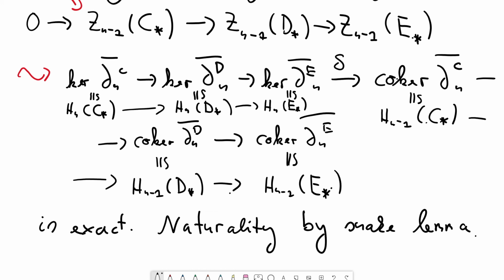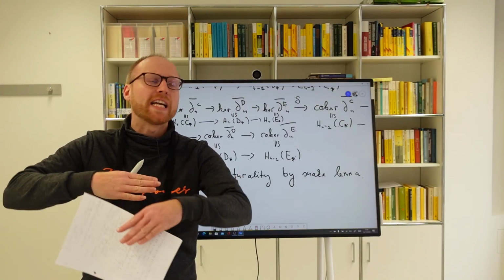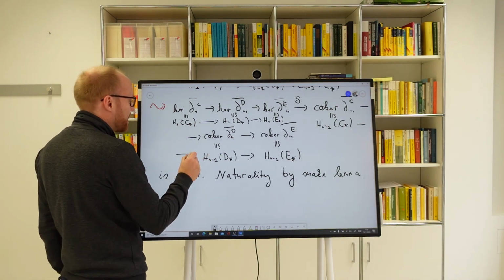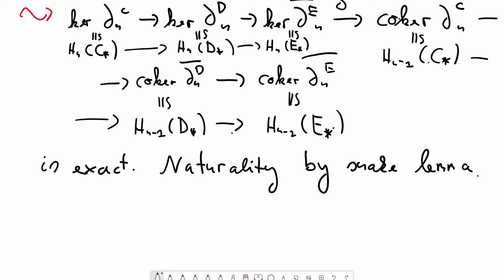So we have the same map at these 2 positions. That's an even better explanation, right? So we get 6-term exact sequences which always overlap at 3 terms, and really get the same morphisms, as Roman just pointed out, because these are the induced homology morphisms.